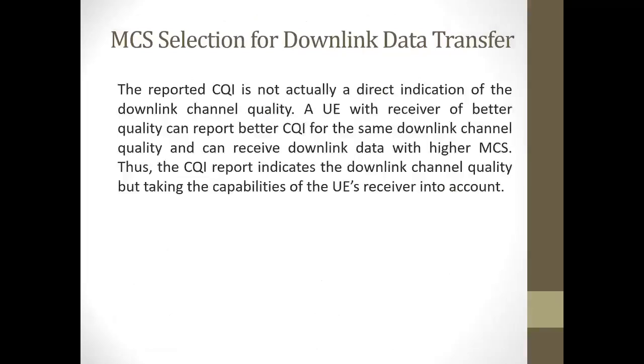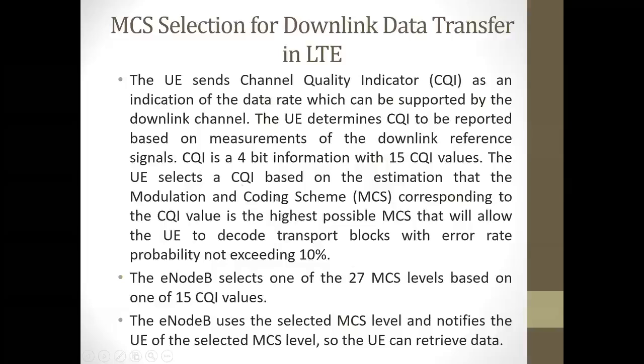So MCS level selection is not actually a direct indication of the downlink channel quality. If your UE has a better quality receiver, for a more expensive phone, then to set a 10% error rate, it can better counteract the errors. There are different techniques to do that.